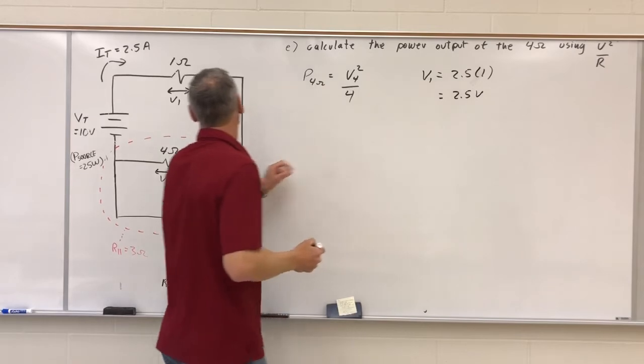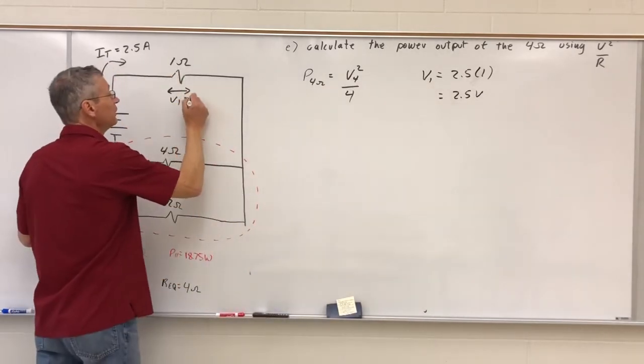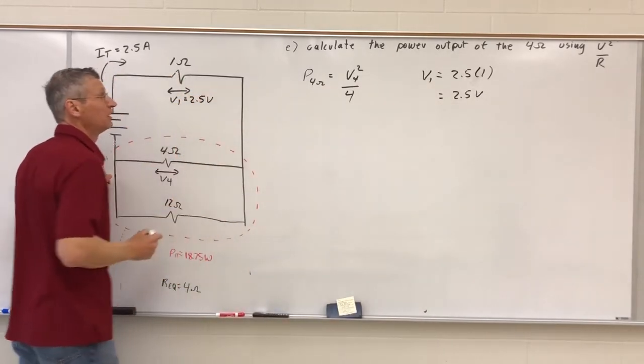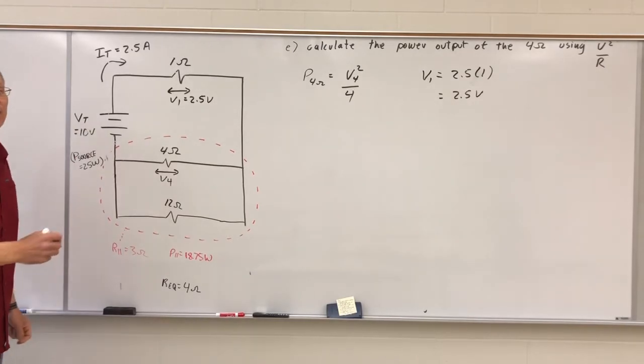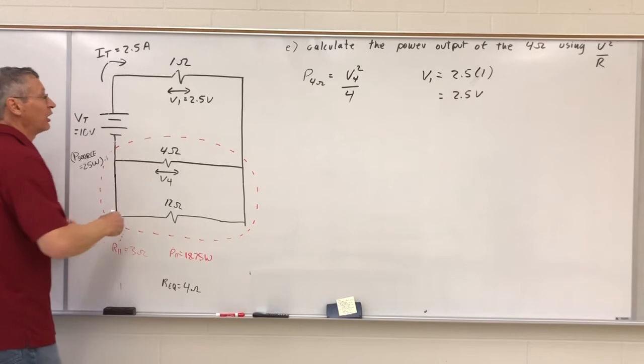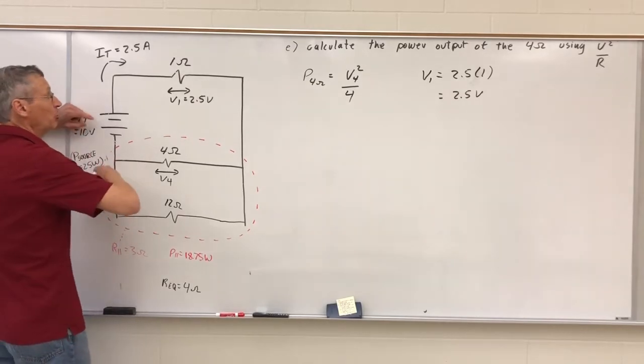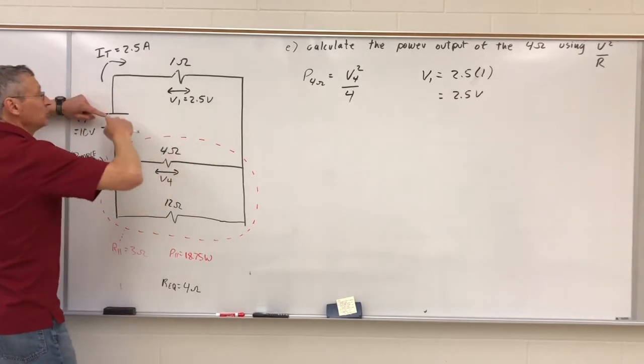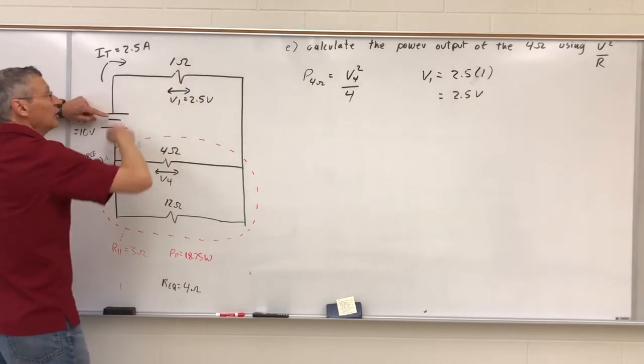So the voltage across this resistor is equal to 2.5 volts. And remember, in any circuit, the voltage increase is equal to the voltage decrease. So if you're an electron, again, don't see one big circuit here. What I want you to see is 2 circuits.